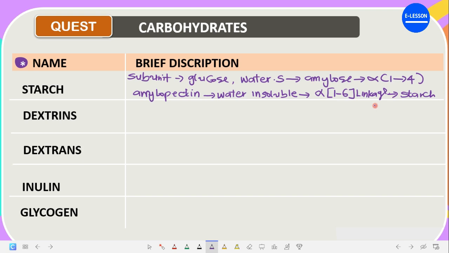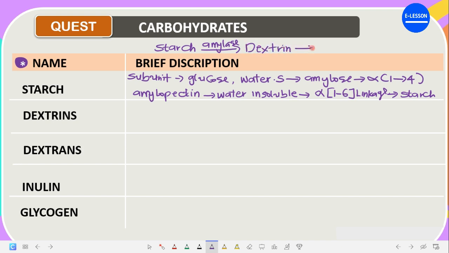Now, another thing that you need to know is this. Starch, I've discussed it before, is broken down by an intestinal enzyme called amylase. It breaks it down to dextrin, right?